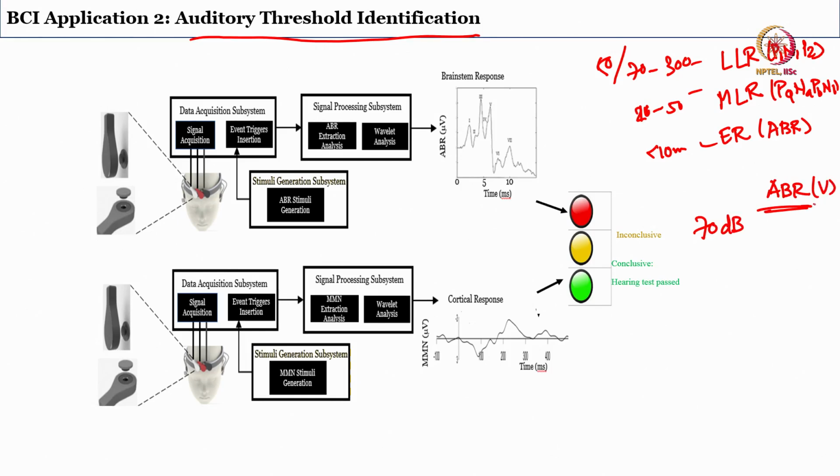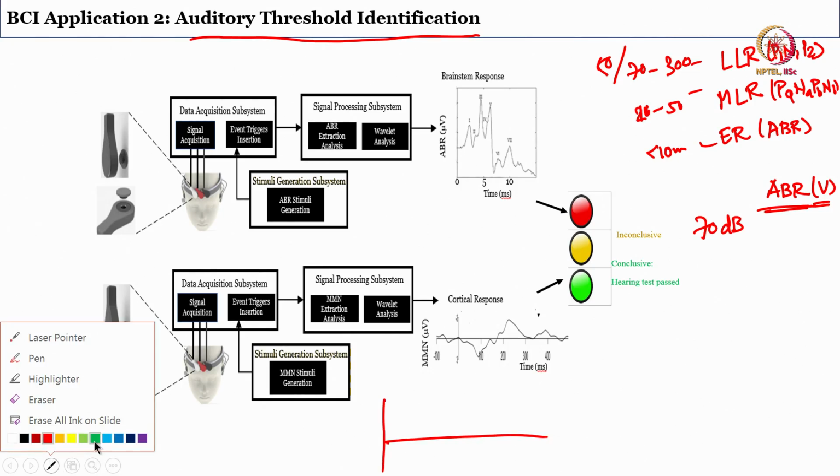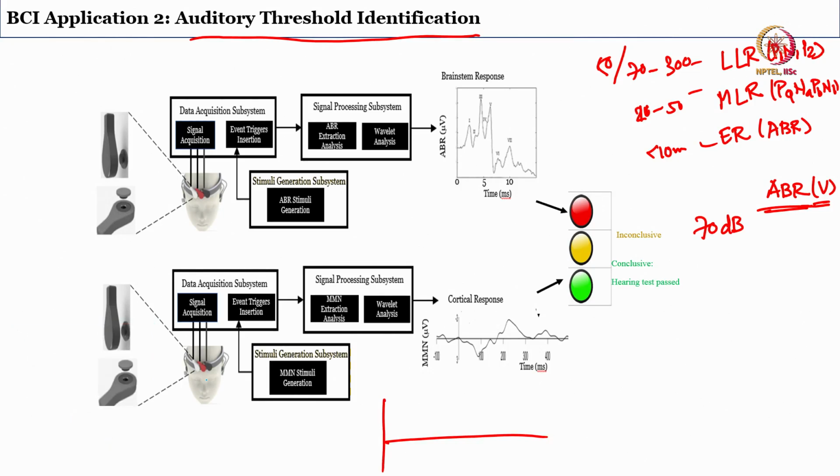Let's say ABR. If I just draw a replica of ABR, not the exact one, in blue ink, it is generally like this. You will get peaks at regular intervals.